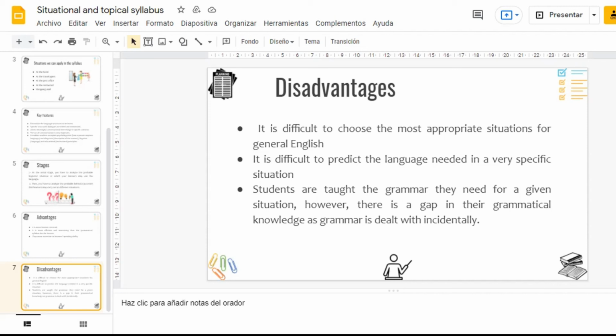Then, it is difficult to predict the language needed in a very specific situation. For example, native speakers may have a great repertoire of options to express what they need, but having a physical situation setting such as a post office or a restaurant does not necessarily predict the language forms that will be used.